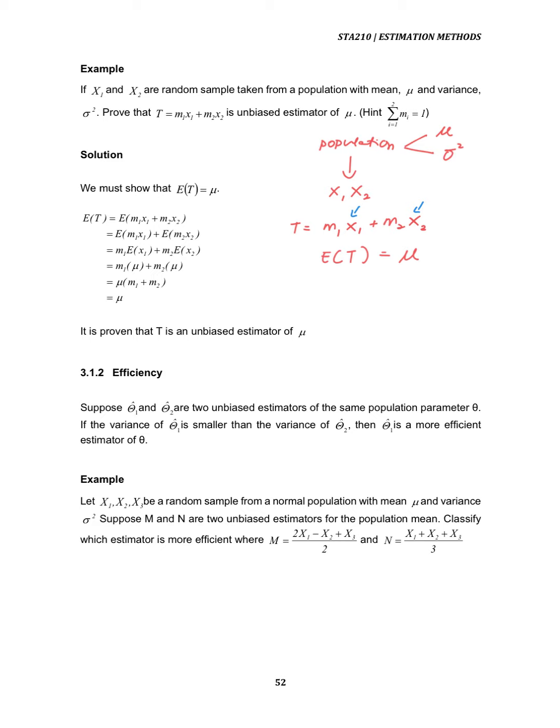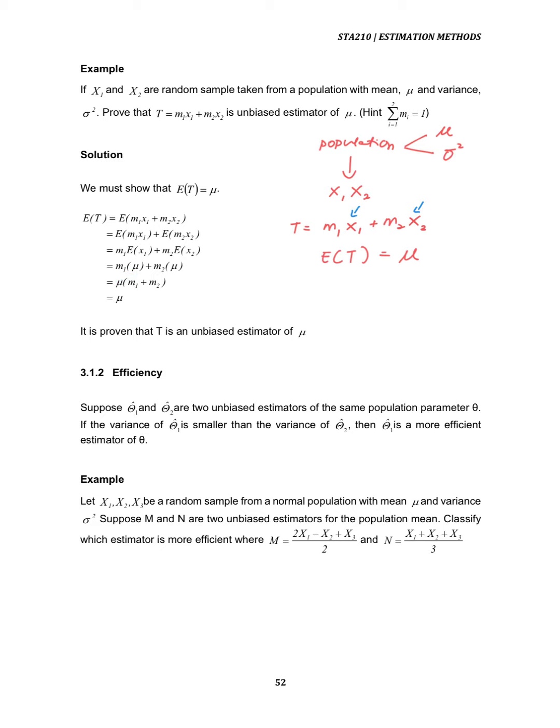Okay, so ingat ya, kan kita ada central limit theorem mengatakan kalau population kita normal, okay, kita ambil sampel daripada population tu, so sampel kita pun akan normal. Okay, we'll have mean sama, sampel punya mean akan sama dia punya value mean dia dengan population mean. Ni lah maksud dia. Okay, so mean expected atau nama lain dia mean kan. So mean of x1 adalah mu, so that's why dia ganti mu kat sini.